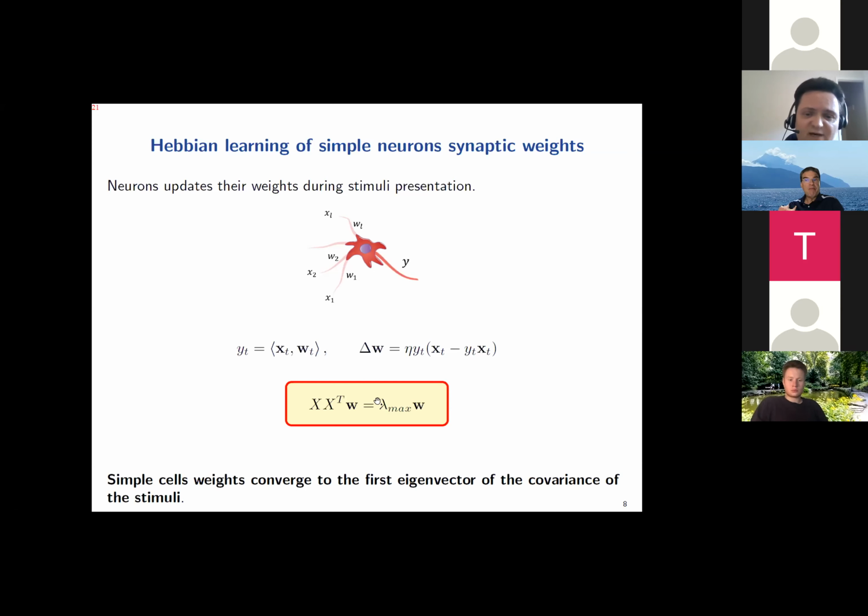So what you have to keep in mind for the rest of the talk is that at equilibrium, this dynamical system will be able to converge, for the synaptic weights of the neuron, to the first eigencomponent of the stimuli. Okay, the one relative to the maximal eigenspace, the one relative to the biggest eigenvalue. So this is what you have to keep in mind. We can extend this plasticity rule, and I will show you how to do it later on. But just for now, this is the very simple scenario.